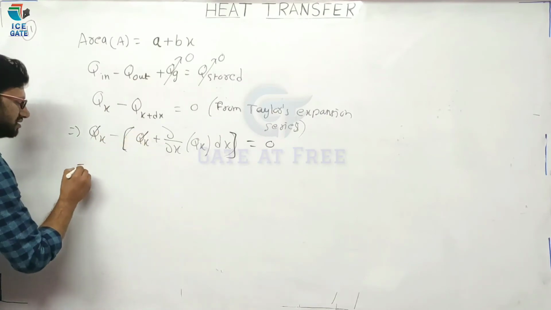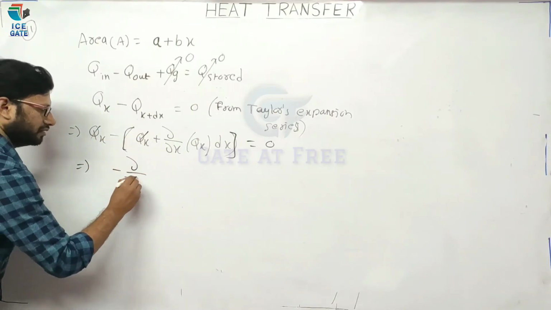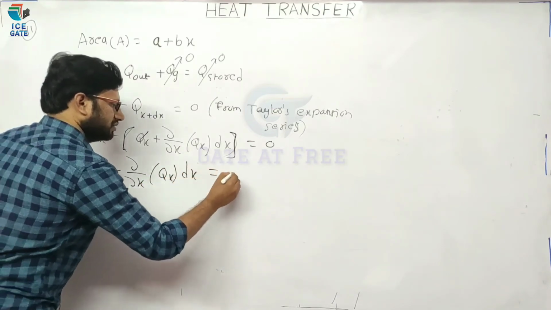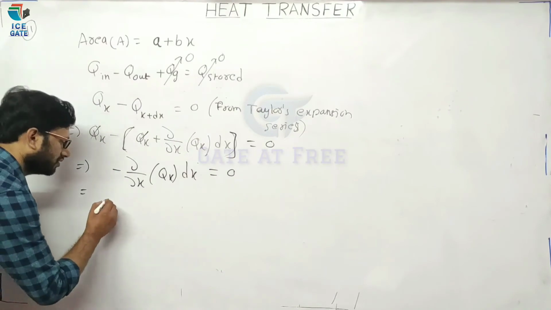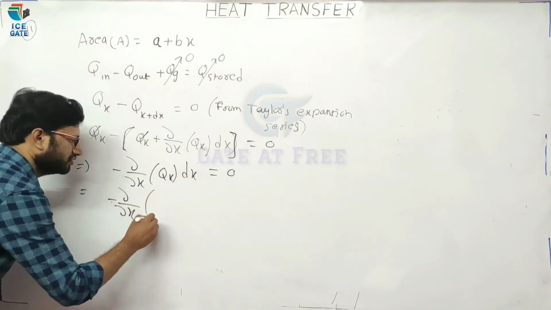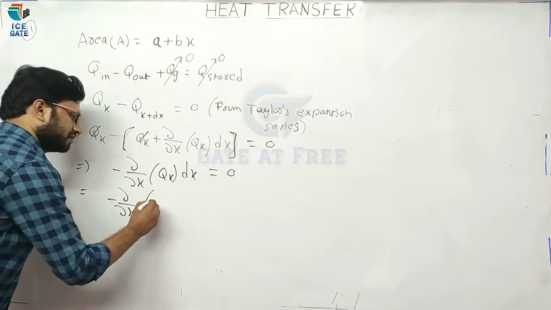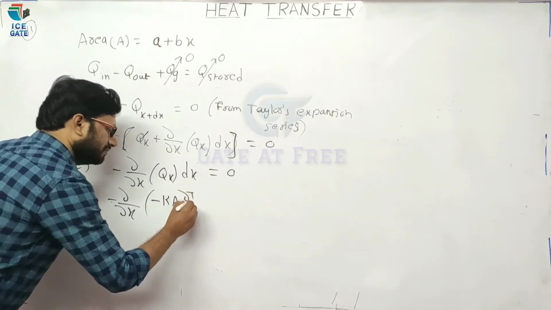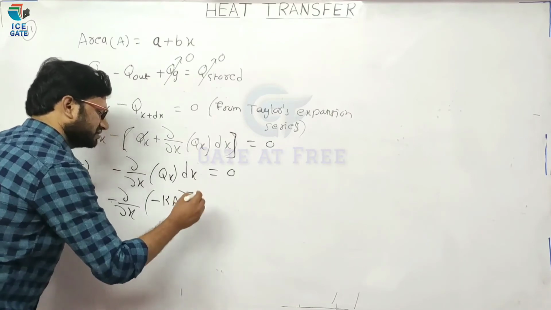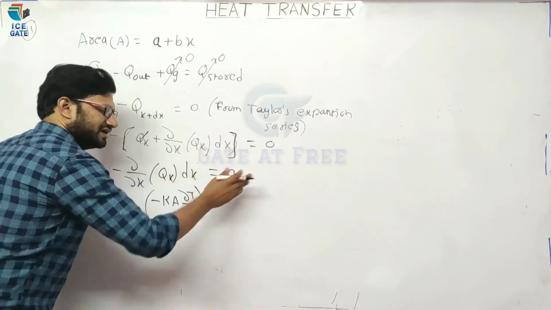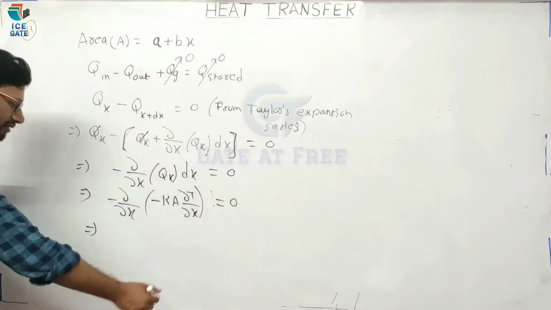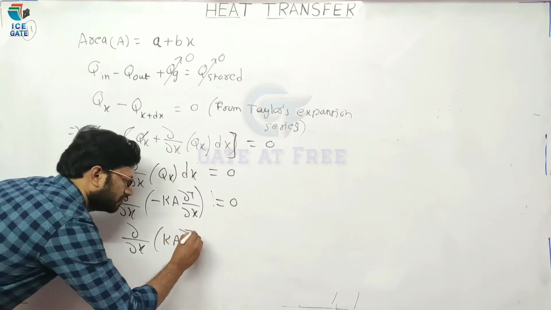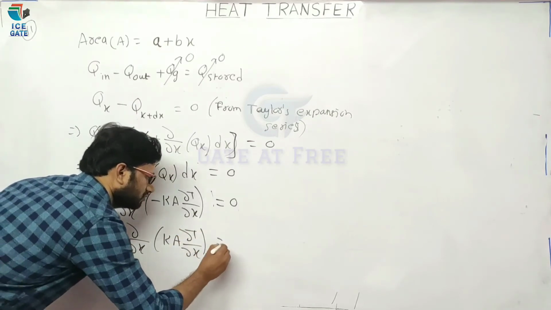Here Qx cancels, leaving minus dou by dou x of Qx into dx equal to 0. Now Qx can be written as minus k A dou T by dou x. Sending dx to the right-hand side, it becomes 0. So dou by dou x of k A dou T by dou x is equal to 0.